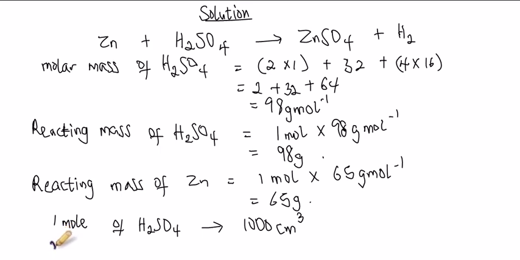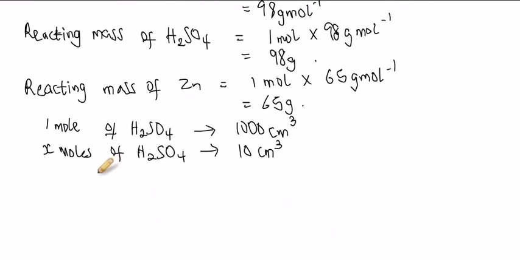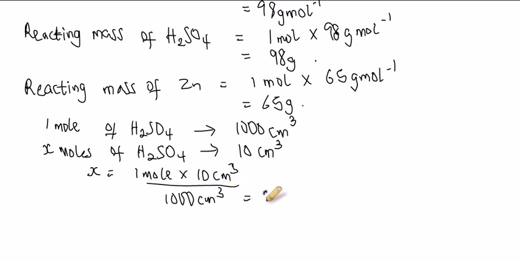Then X moles of H2SO4 will be present in 10 centimeter cube. To get X, we'll be cross multiplying indirectly. X equals 1 mole multiplied by 10 centimeter cube divided by 1000 centimeter cube, which is equivalent to 0.01 moles. So this is the number of moles.